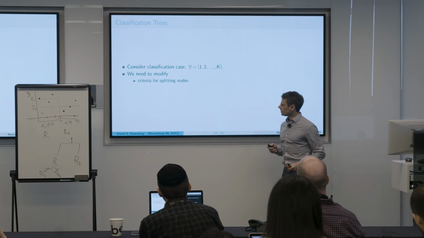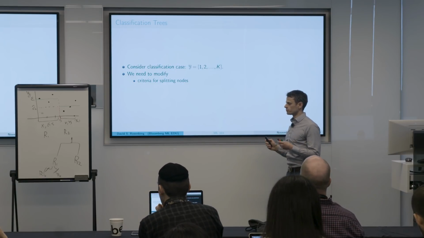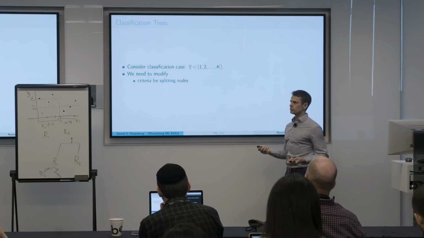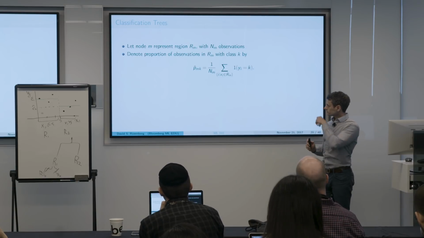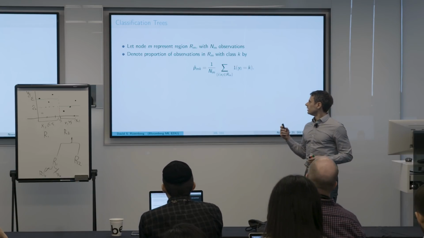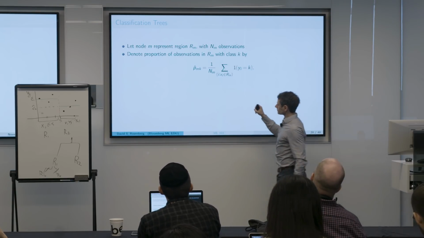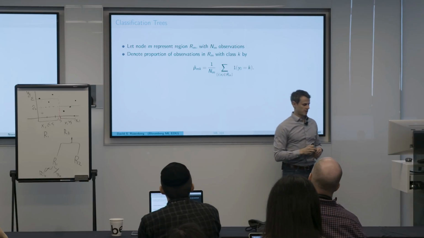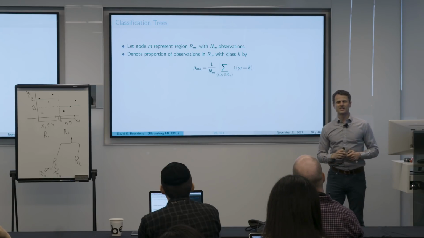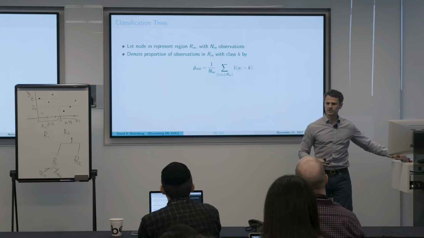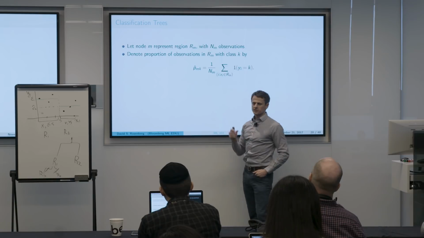All right. So we need to come up with the way we're going to split the nodes for classification. For regression we minimized the square loss. So what are we going to do? What's our loss function for deciding the split for classification? Here's just some notation. p hat mk: m is going to be an index on the regions that a tree divides us into, and k is our class.